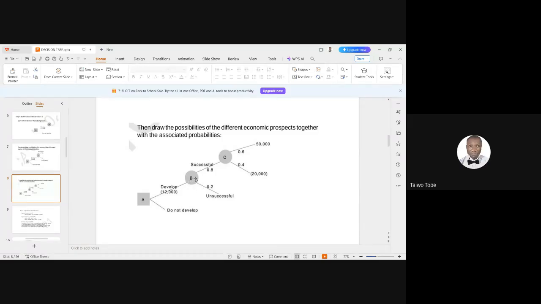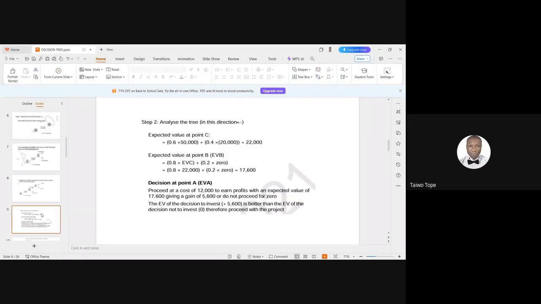Overall, when you multiply 0.8 by 22,000, what is the result? 17,600. So the expected value at point B is 0.8 multiplied by the EV at point C, 22, plus 0.2 multiplied by 0.